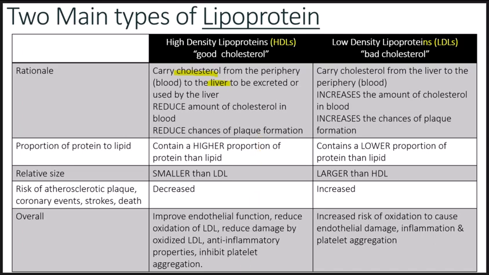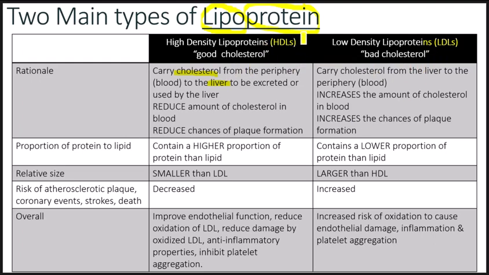I'll show you a picture on the next slide, but if we look at a lipoprotein and we break up the word, lipo means fat and protein means protein. So this vehicle then is made up of lipids, fats, and proteins. But the proportion of each is going to be different in an HDL vehicle than an LDL vehicle.